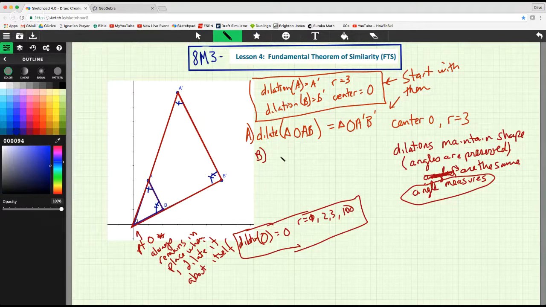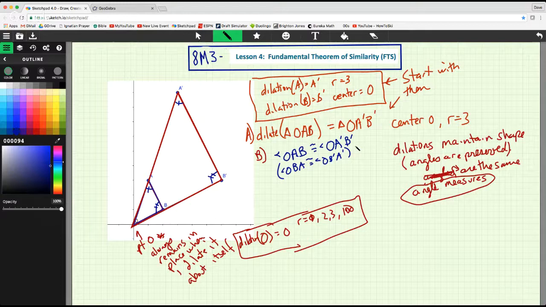So this says that angle OAB, the one with the 1 slash through it, is congruent to angle OA prime B prime. And similarly, angle OBA is congruent to angle OB prime A prime. But we don't really need to know that to finish off our proof.